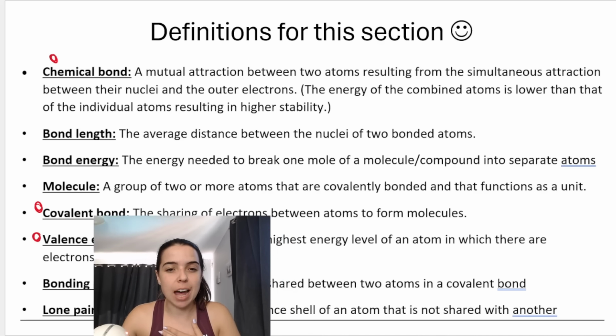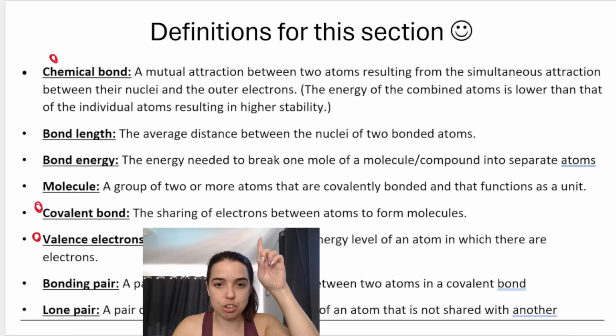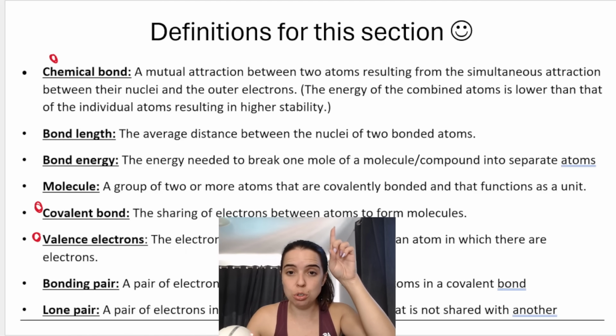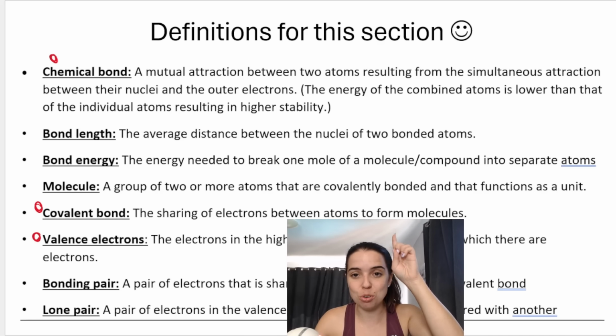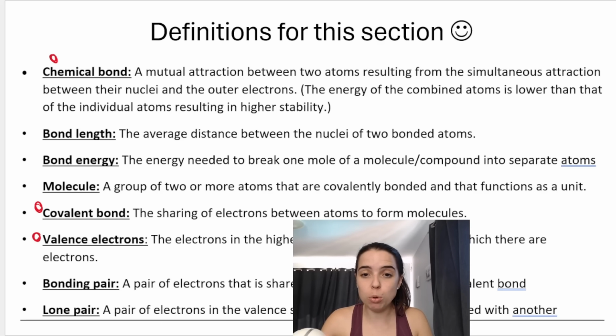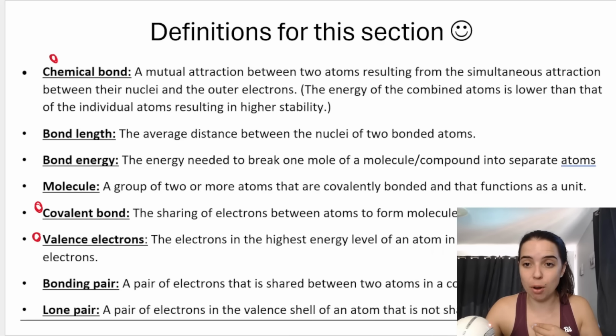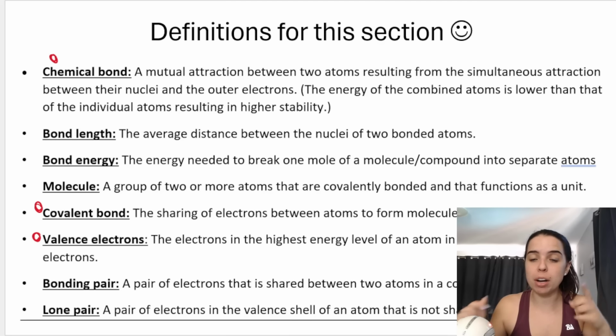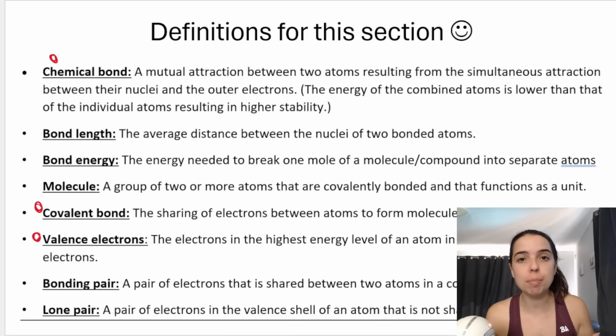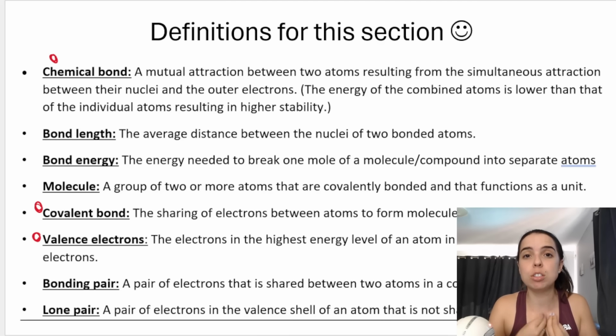And what I would just add in there is the sharing of electrons between 2 non-metal atoms to form molecules. It's very important to remember that covalent bonding is when the 2 atoms share. And ionic bonding, which is actually not here behind me, but ionic bonding involves the transfer of an electron or electrons from the metal to the non-metal atom, and that is how the bond is formed.